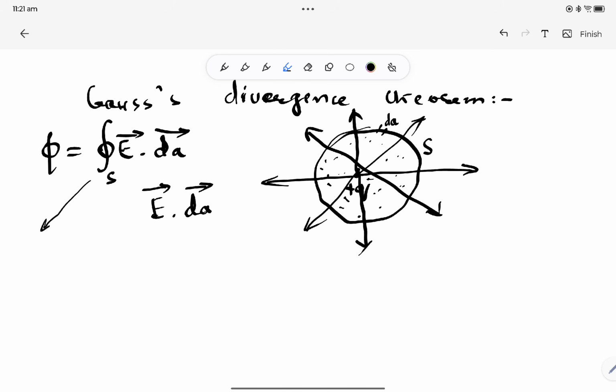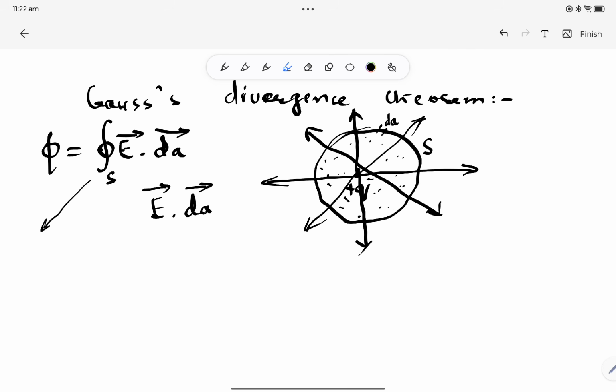Now I will show you first how to calculate flux by another method. That is, we will divide this enclosed volume into very, very small elements of volume. Each element will be infinitesimally small, and we can take its shape for convenience because that makes our calculation simple.